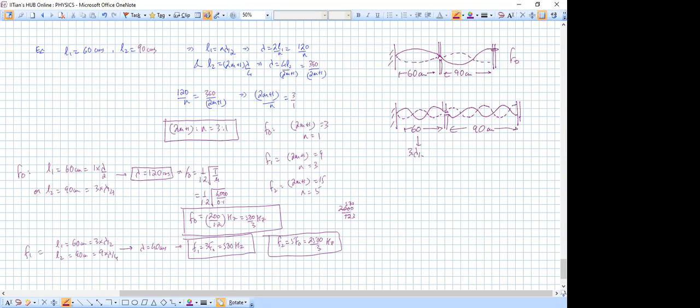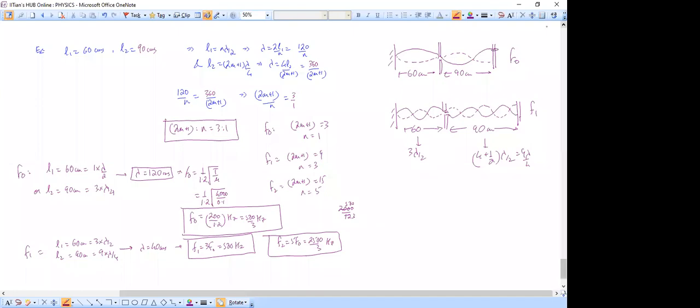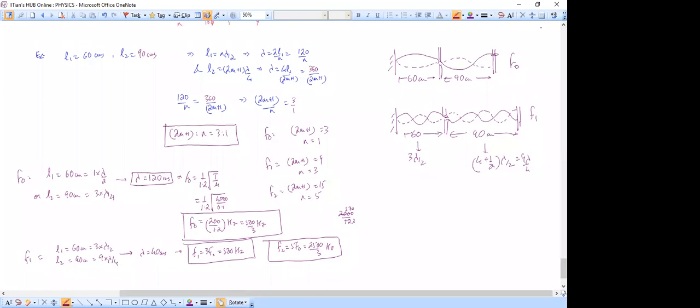So you can see this is 3 lambda by 2, and this is 4.5 loops, or 9 lambda by 4, like this. Okay, so this is the first overtone. And like this, the series continues. Okay, people. So hope this question is clear.